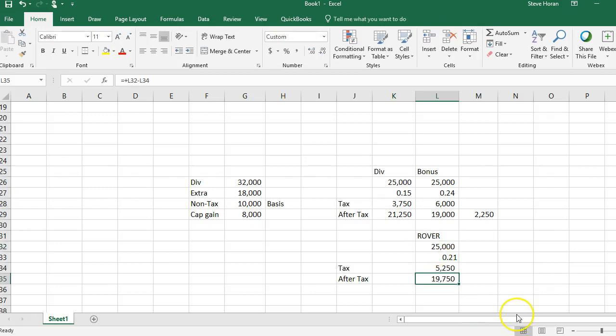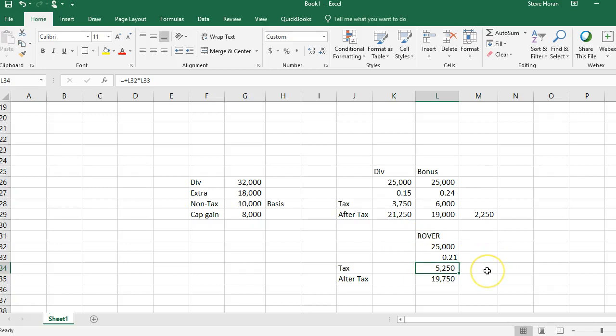Okay, so they pay it, they get the deduction, and their taxable income would come down by $5,250. Okay. Obviously, if she pays a dividend, we all know for a corporation there's no tax benefit from paying a dividend. So if the business pays her a bonus, it saves $5,250.